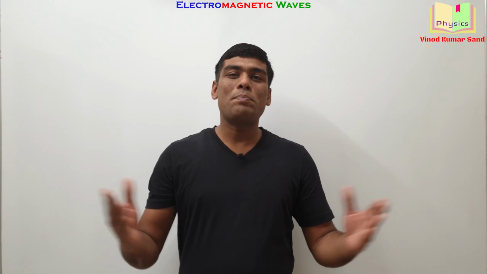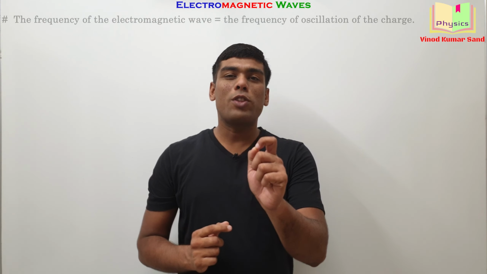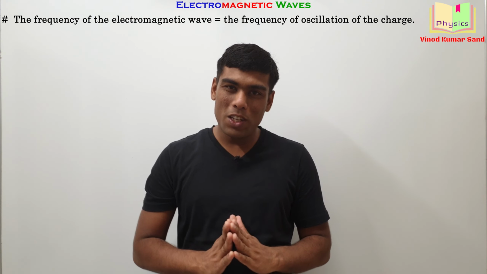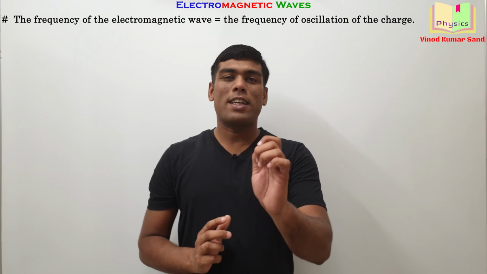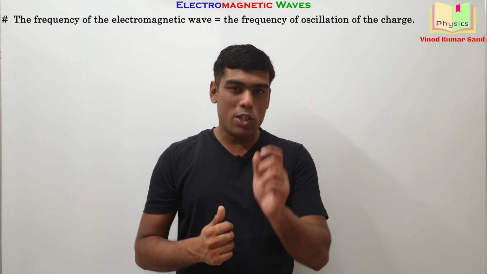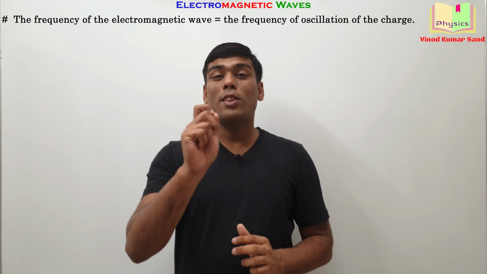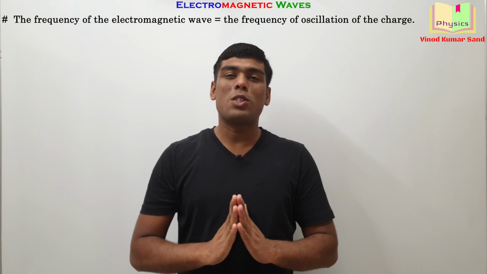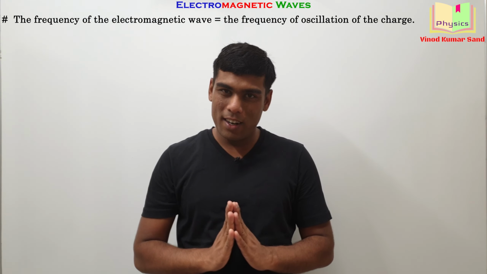Let's observe the properties of the electromagnetic waves. The frequency of the electromagnetic waves is equal to the frequency of the oscillation of the charge. For example, if a charge is oscillating with the frequency 10 to power 15 Hertz, then the produced electromagnetic wave will also have the frequency of 10 to power 15 Hertz.